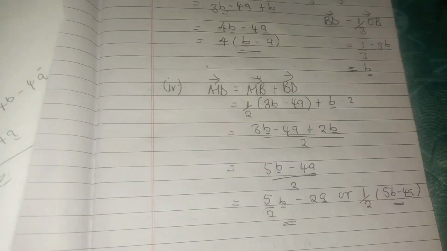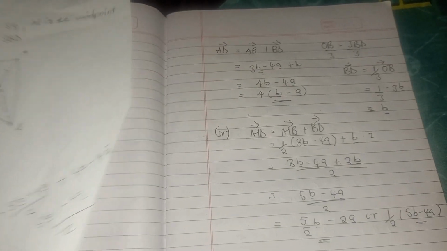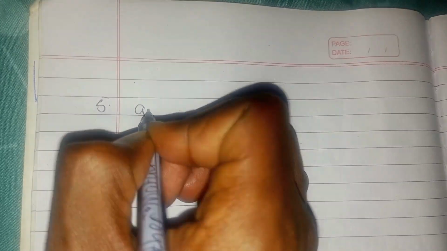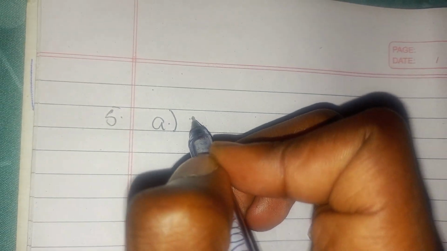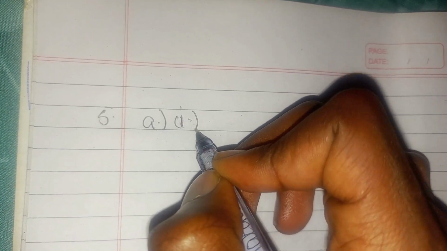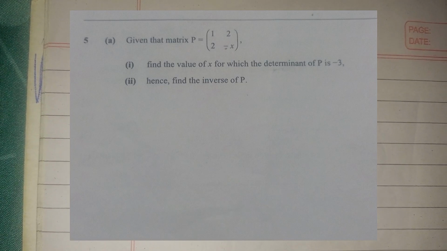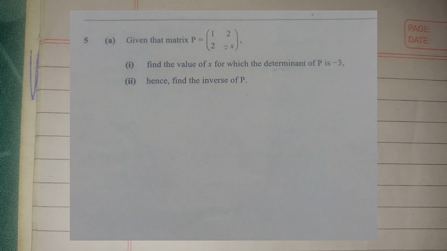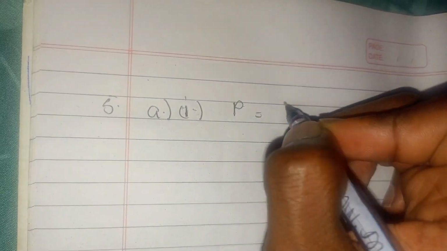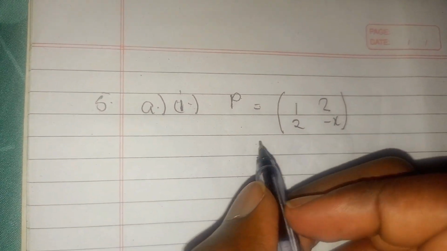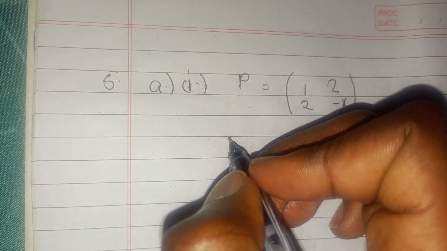Yes. So next we have our question 5. Question 5 is a very involving question, but very simple at the same time. 5A: we are given that matrix P is 1, 2, 2, negative x, and we're asked to find x if the determinant is minus 3.